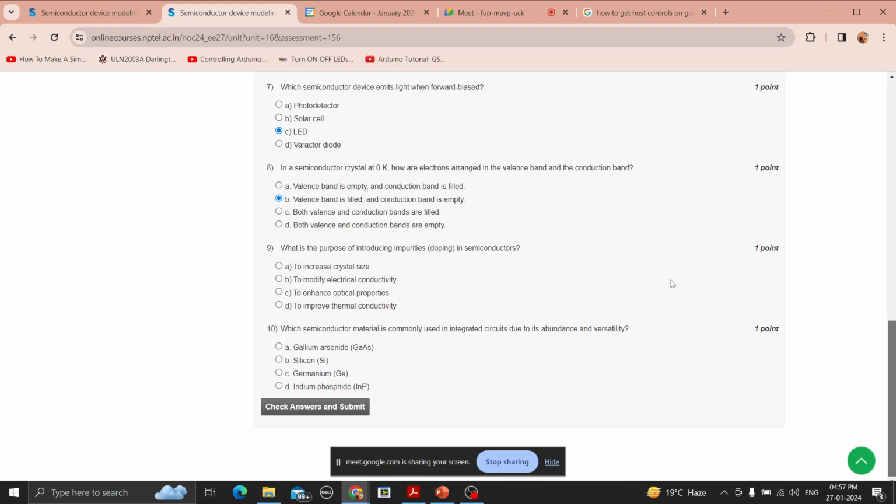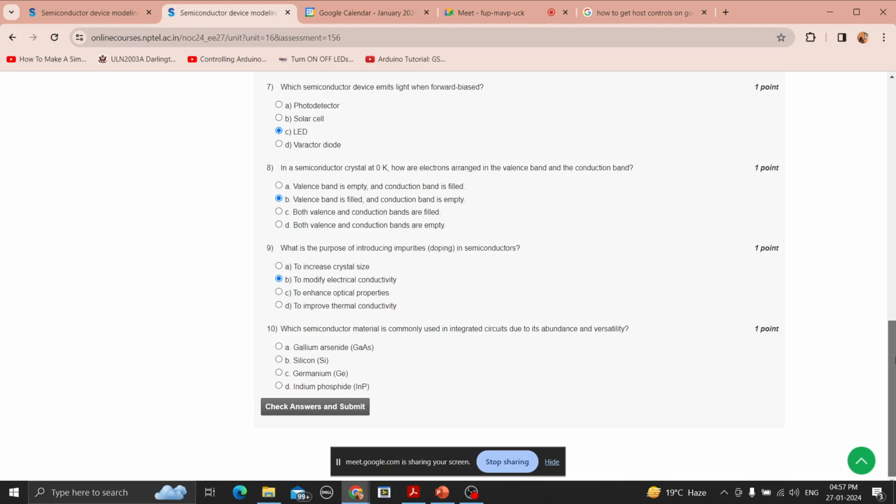What is the purpose of introducing impurity or doping in semiconductors? To modify electrical conductivity. Yes. That is where the usefulness of semiconductors comes, as some of you have already mentioned.